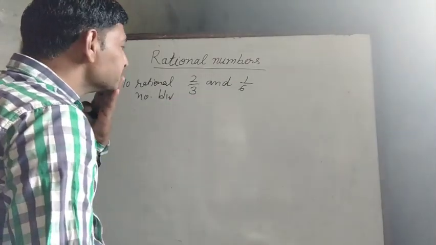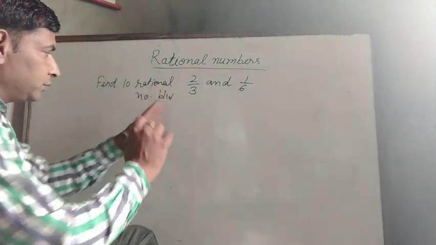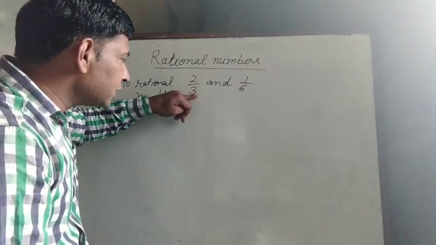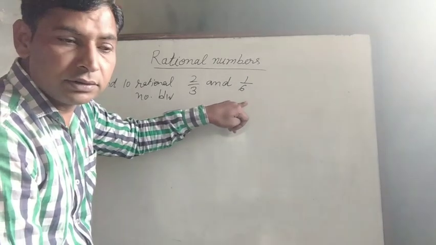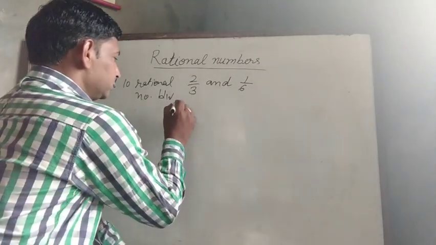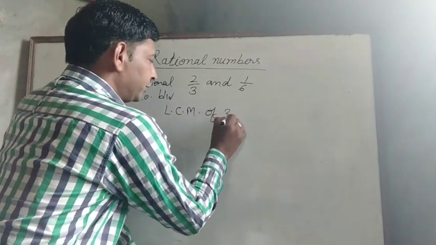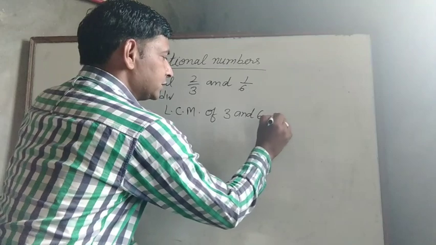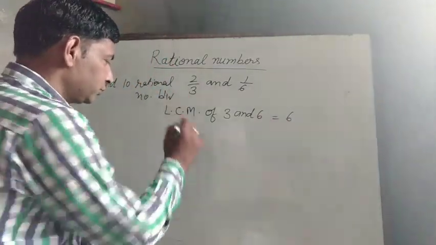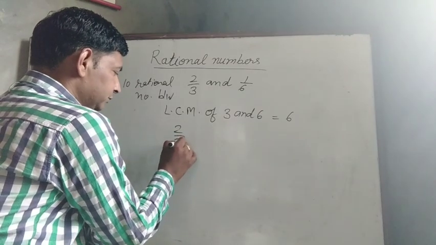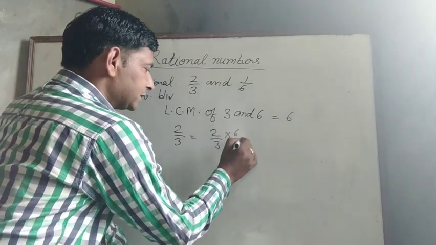Now, we should take the LCM of 3 and 6. The LCM of 3 and 6 is 6. Now, 2 upon 3 can be expressed as 2 upon 3 multiplied by 6 upon 6.